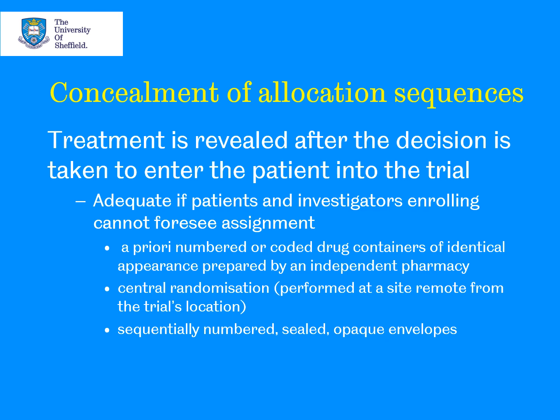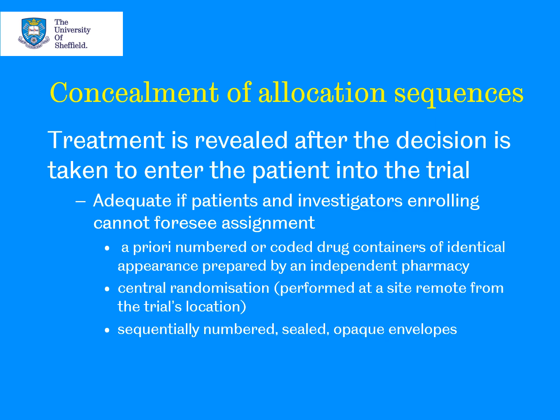Concealment of allocation is a further consideration, particularly when examining the quality of randomized controlled trials. So again, the Cochrane risk of bias approach is to identify certain ways that concealment of allocation is regarded as being strong or adequate.